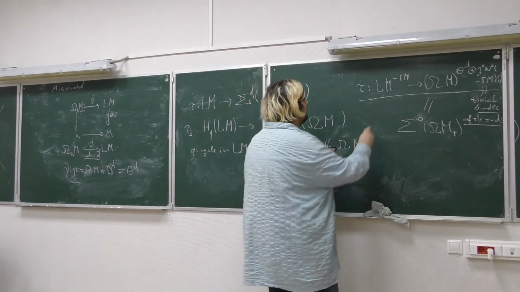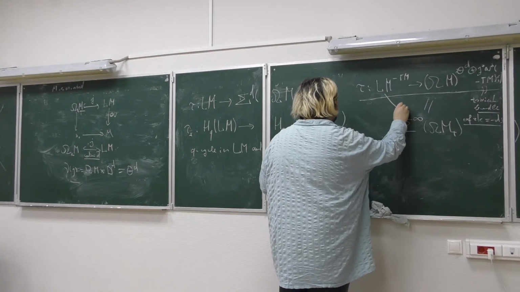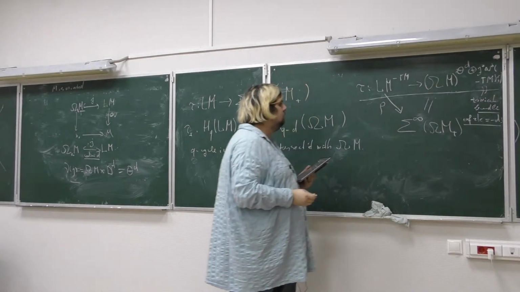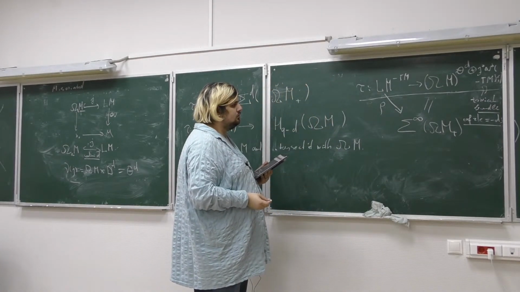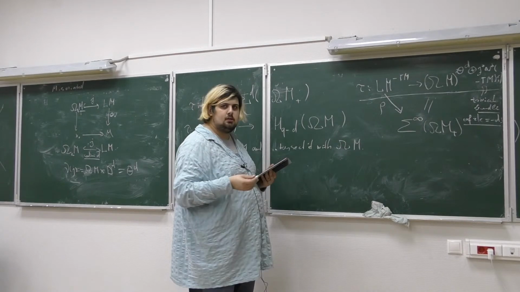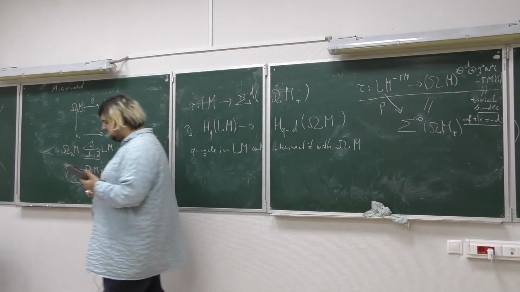Okay, so we have this composite map rho, which we should be able to show is a multiplicative map.